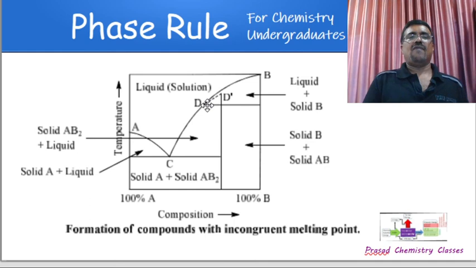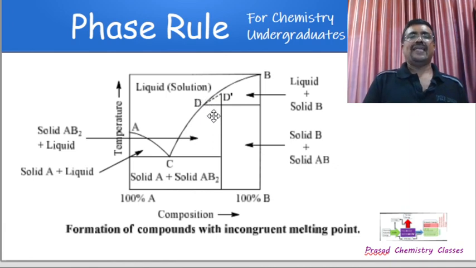Okay, what happens to solid B at this point? It melts into the liquid solution. There is no solid AB2 in the liquid solution. We have a mixture of A and B only in the liquid solution. That is, AB2 does not exist in the liquid state, right?